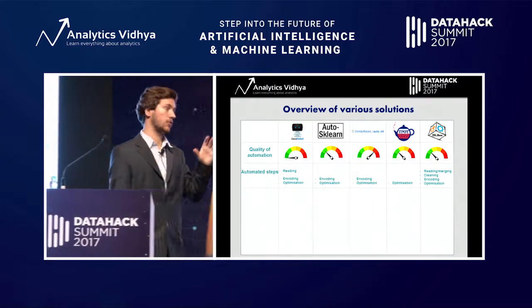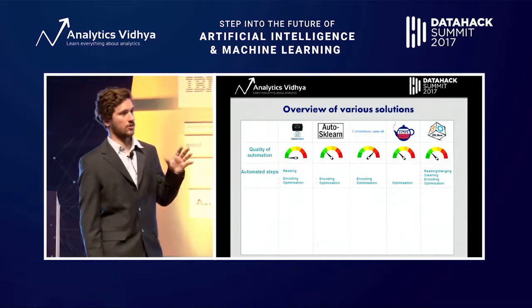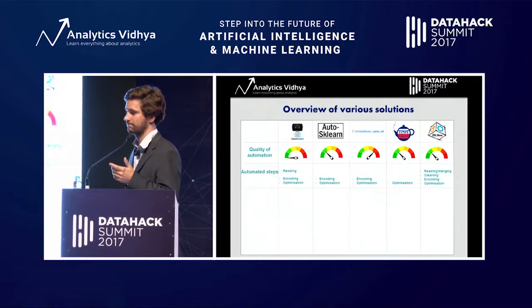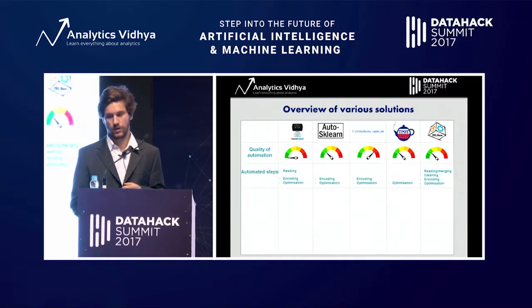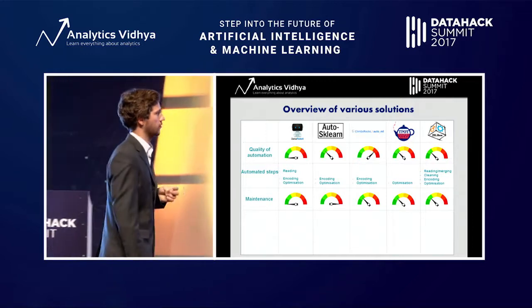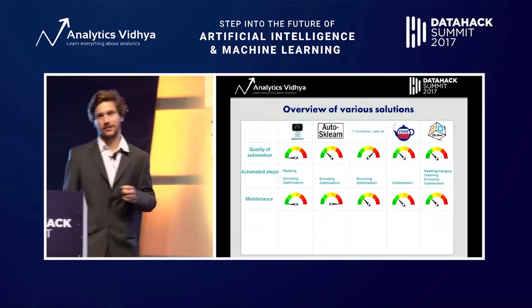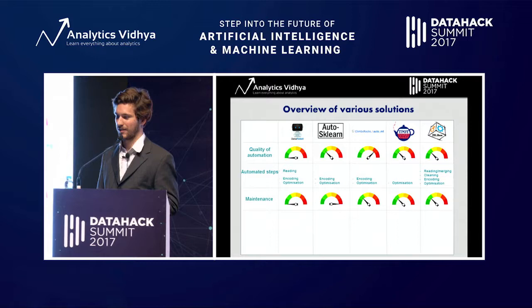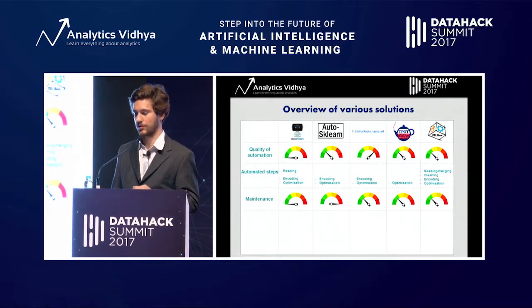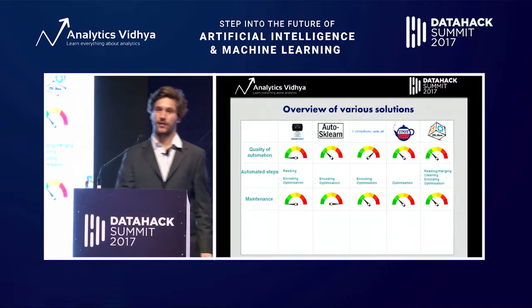So it only deals with optimization, and it doesn't deal with encoding, reading, and predicting. So it's not really automated machine learning. In terms of maintenance, they are all good except AutoScikit-learn. I think that the latest commit was like 2 years ago, so it's not recent, but it's a good tool.